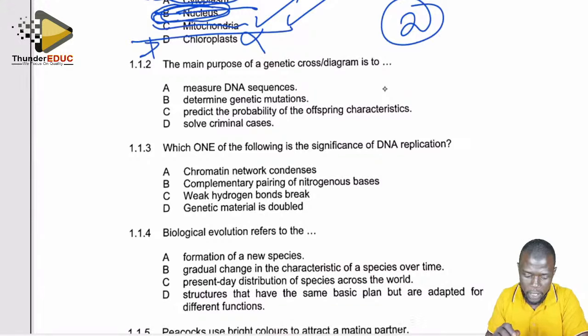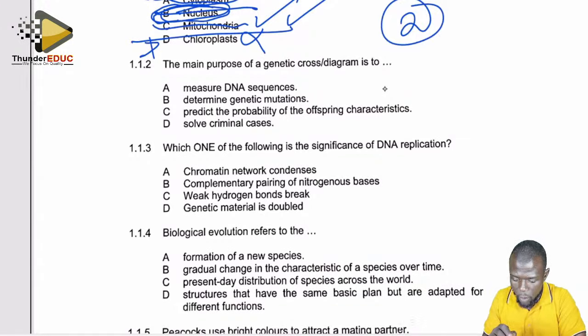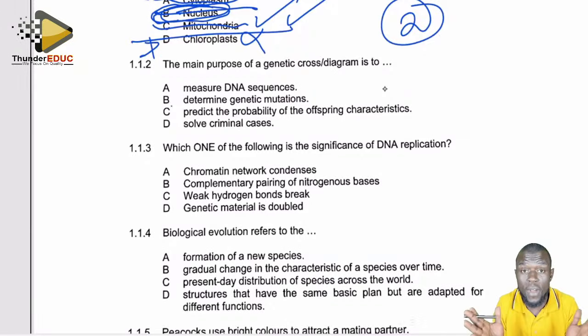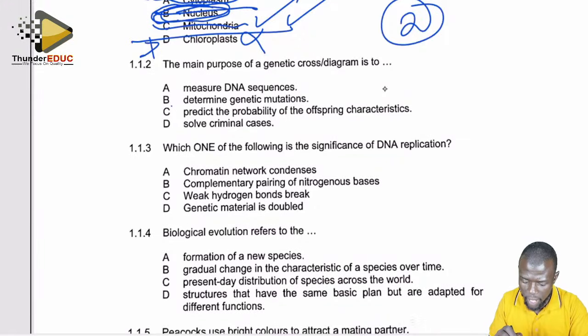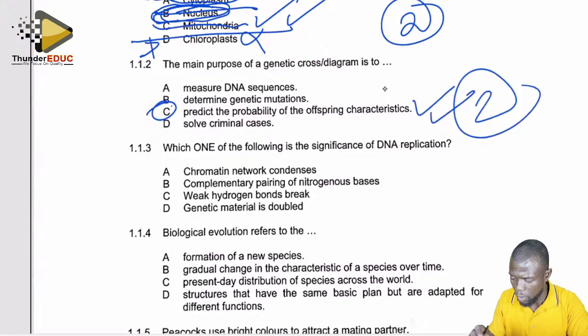So if you look at it here, we see that when you do the genetic cross, you find what we call the offspring. So the offspring's characteristics can be obtained. So when you do a genetic cross or a genetic diagram, you're able to identify the possibilities of the offspring's characteristics. Yes, so the answer becomes C, so C becomes the most correct answer.